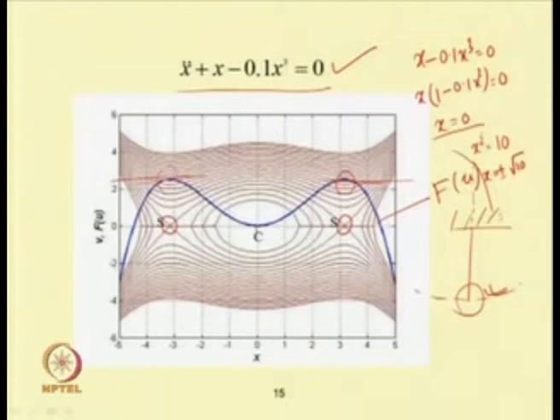In case of the inverted pendulum position, if we take this angle equal to theta, when theta equal to 0, that is one equilibrium position. We have theta double dot plus g by L sin theta equal to 0. We can have 2 equilibrium positions by putting theta double dot equal to 0.